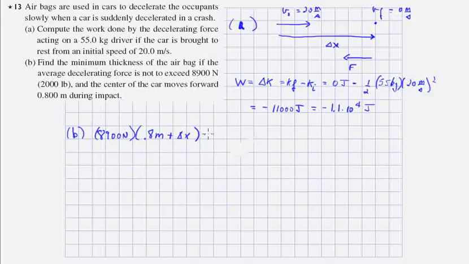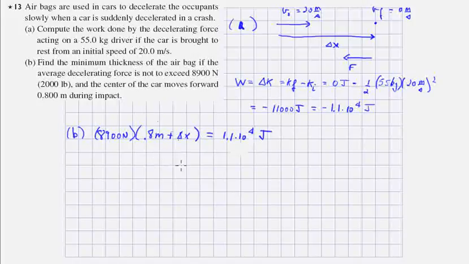And that is going to be equal to the change in kinetic energy, which we've already calculated up here, 1.1 times 10 to the 4th joules. Notice I've dropped the minus sign. Really and truly there's a minus sign on both sides of the equation here, and I've let that slide. Cancel out, in other words.